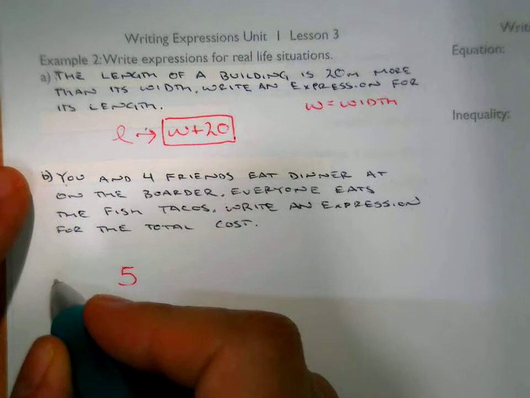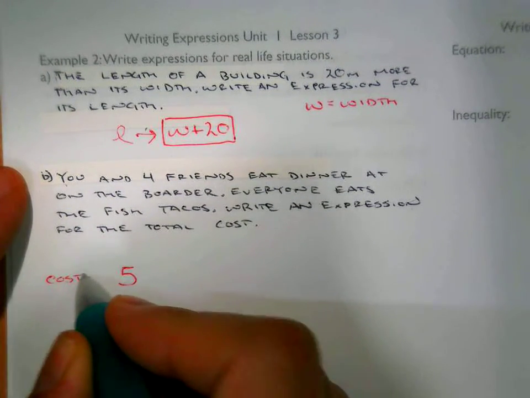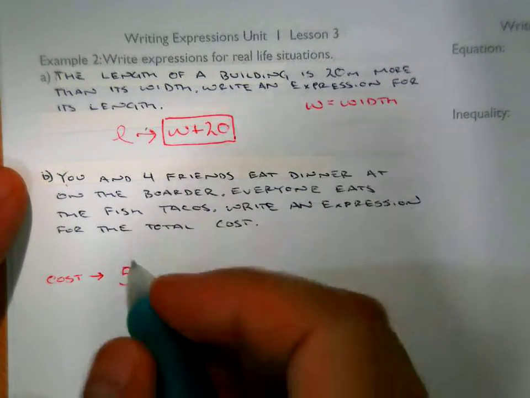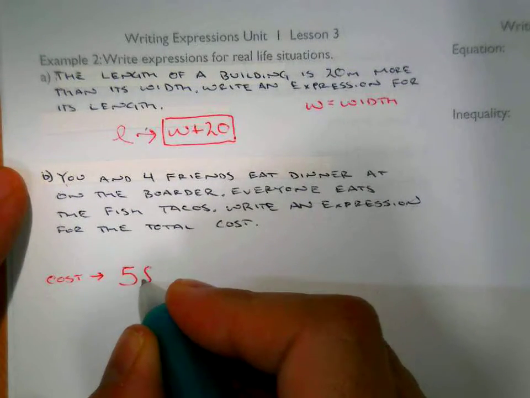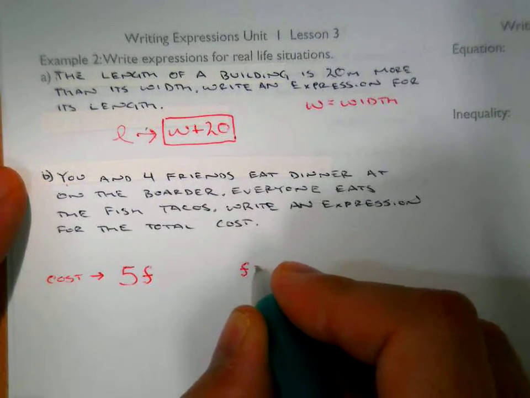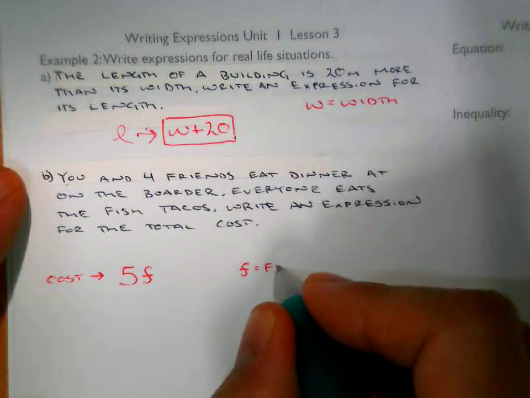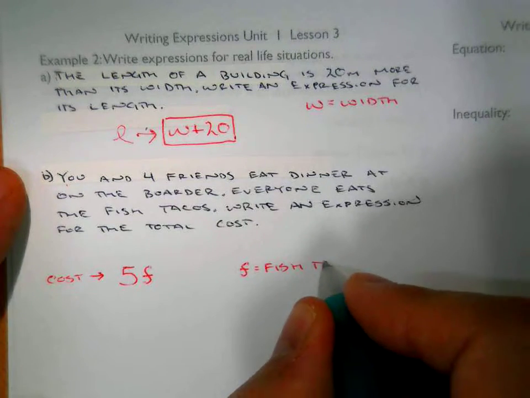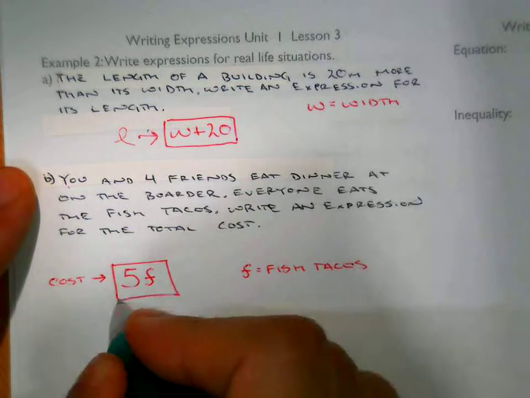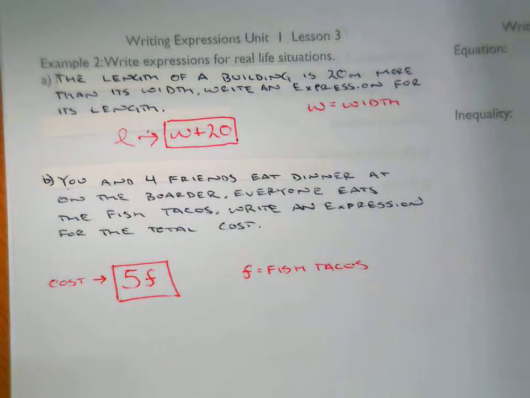The total cost would be 5 times however much a fish taco costs. So I'm going to say 5 times F, or 5F, and I'm going to declare F standing for fish tacos.